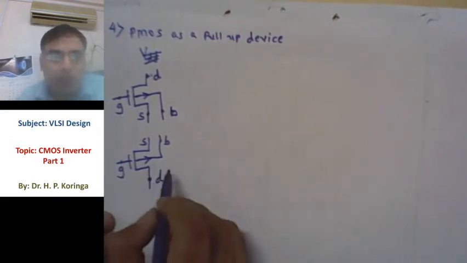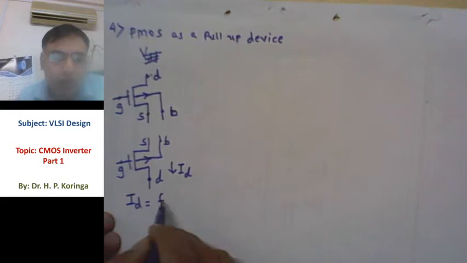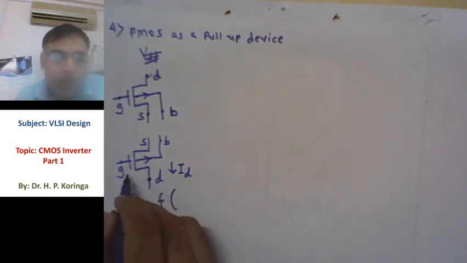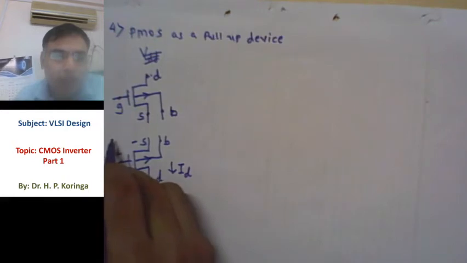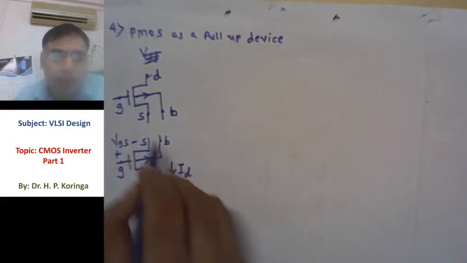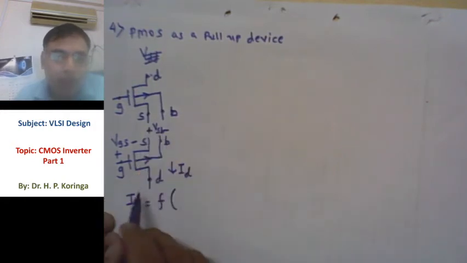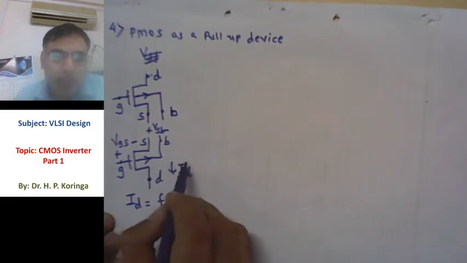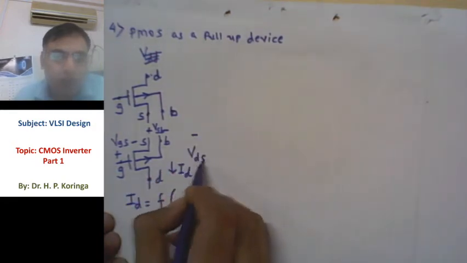So now the current, that is this drain current. Drain current here is also a function of the gate to source voltage. Here we have the source to bulk voltage, and here we have the drain to source voltage.